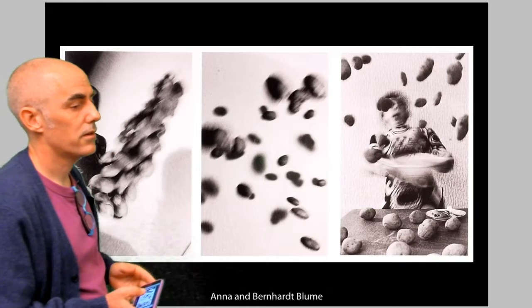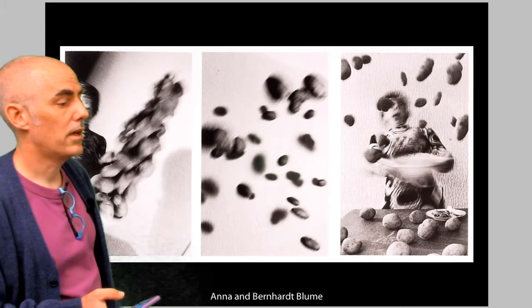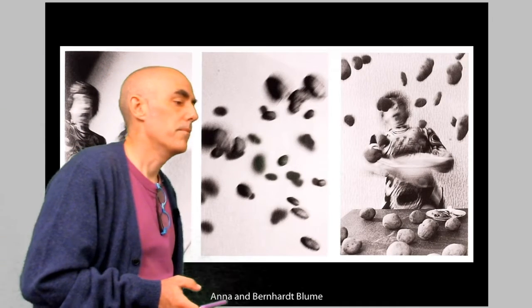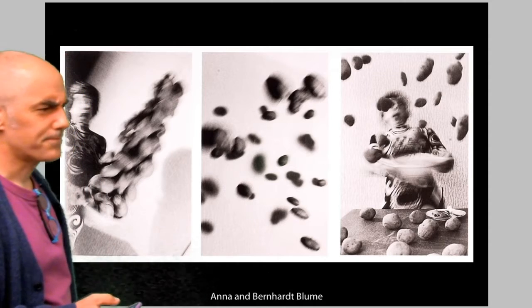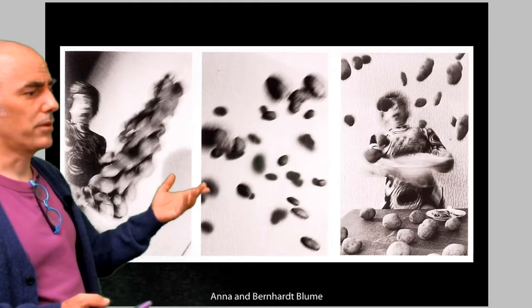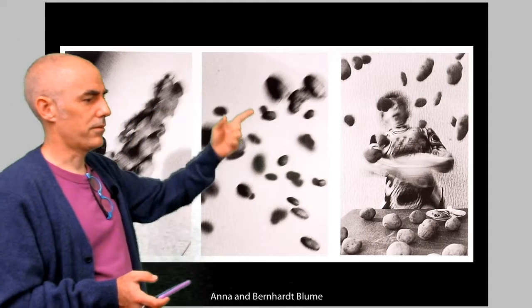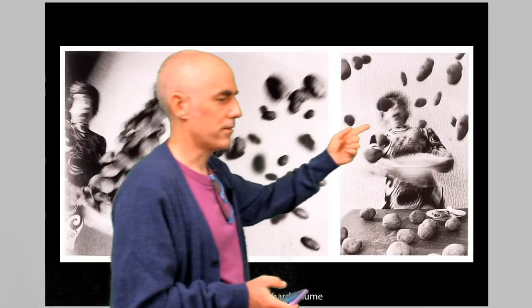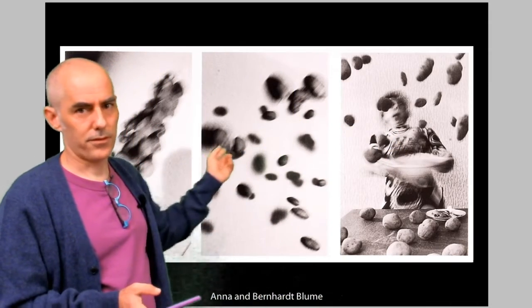And here's an artistic person doing something similar. Anna and Bernhard Bloom, they have a very weird series. Anyway, this picture that I've taken from the series is someone seeming to throw potatoes up in the air. And so far you're like, okay, Brad, this is the first example where things are in different positions.